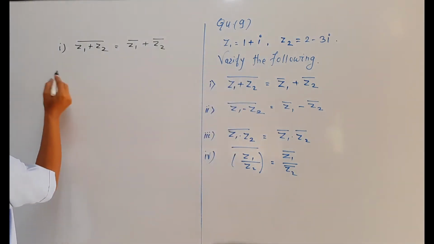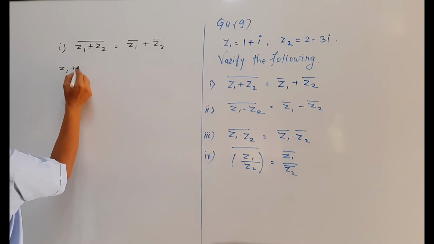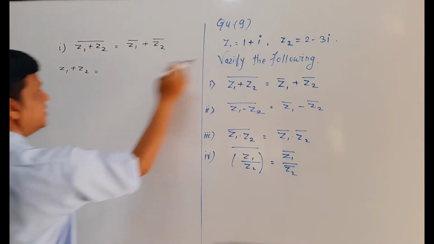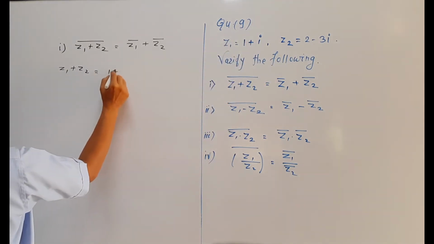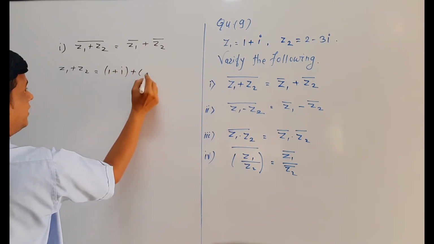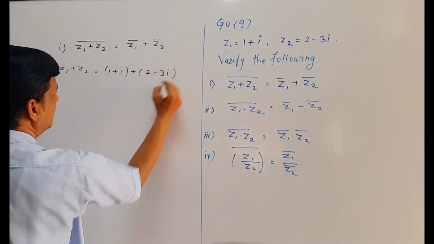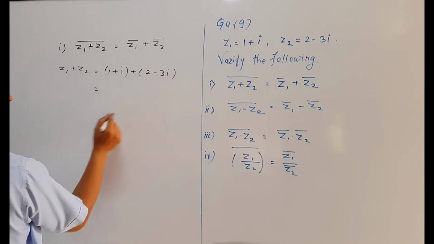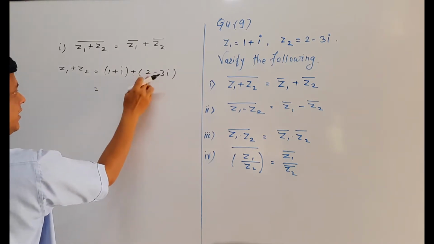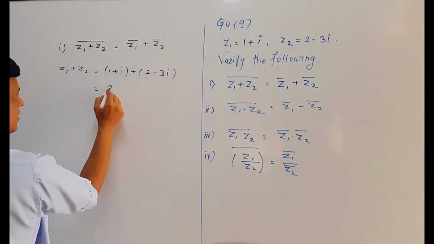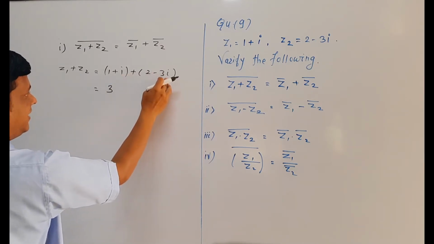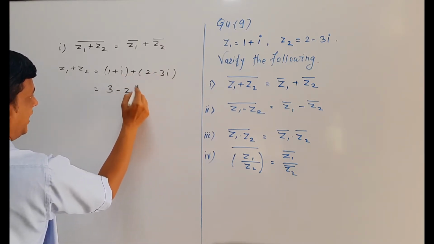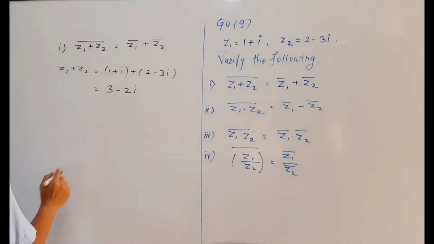So we write here z1 plus z2 is equal to z1, which is 1 plus i, and z2, which is 2 minus 3i. So you remove the brackets and add 1 with 2, we get 3. i with minus 3i, so we get minus 2i. So this is z1 plus z2.